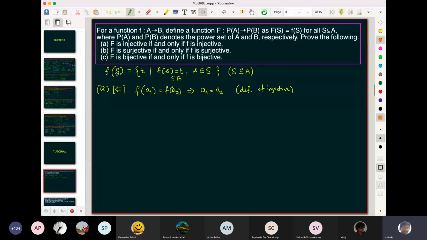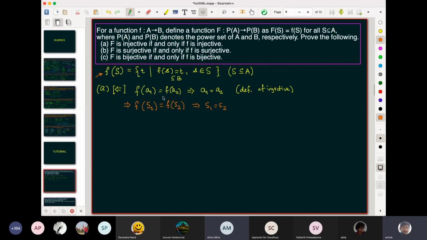Now, due to this definition, can we extend the same thing by saying that for all a1 inside S1, for all a2 inside the set S2, this can be written? Yes or no?